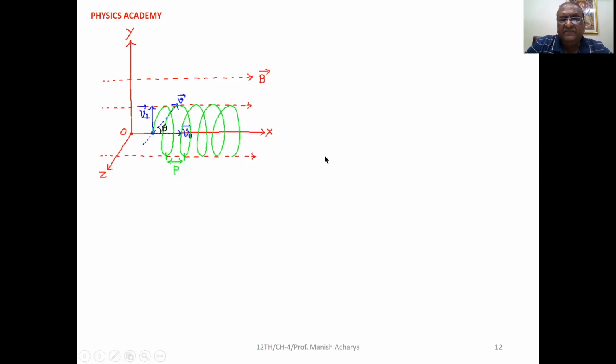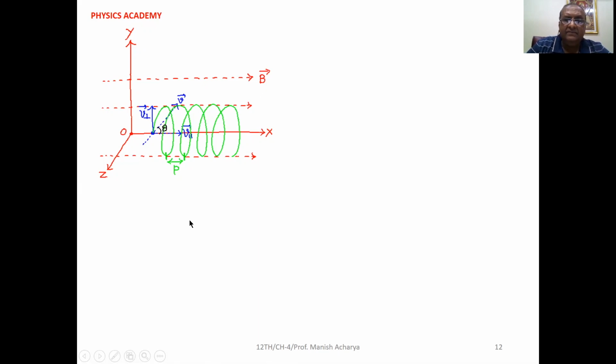See the figure. Suppose as shown in the figure, the uniform magnetic field is in x direction, and a charged particle enters in this magnetic field with velocity v at some angle theta with respect to magnetic field B.